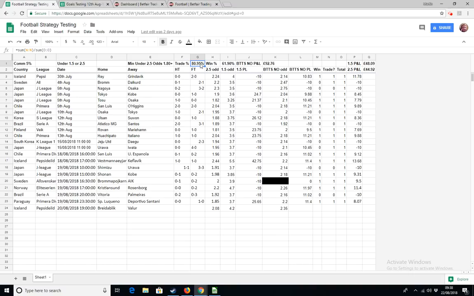I think it shows that with the higher odds, the trades are less likely to be successful, which kind of makes sense. But it doesn't necessarily mean it's a bad thing, because when the odds do come in on these, they will probably come in a little bit more quickly, purely because the market odds have further to go down.